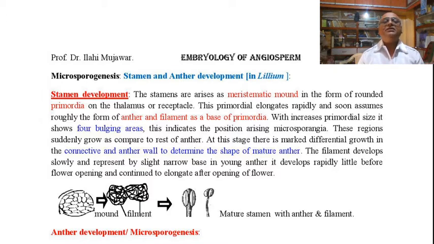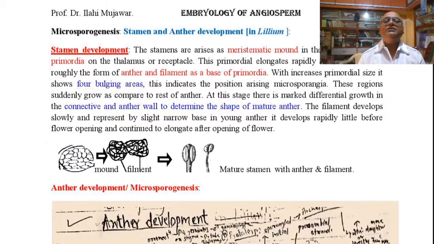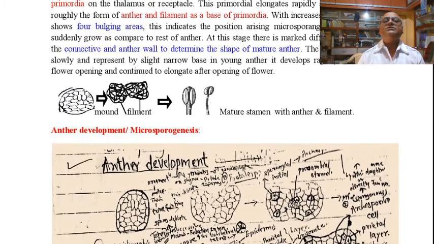The filament develops slowly, represented by a slightly narrow base. In the young anther, it develops very rapidly a little before the flower opens, and it continues to elongate after opening of the flower, and it shows this type of structure.